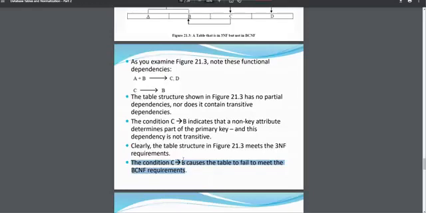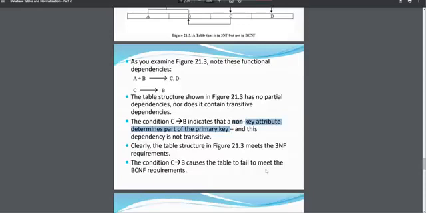Then here, what kind of dependency is this? A non-key attribute. If a non-key attribute determines part of the primary key, then we can't say that it is in Boyce-Codd normal form. If we can eliminate that kind of condition, then we can say that it is in Boyce-Codd normal form.